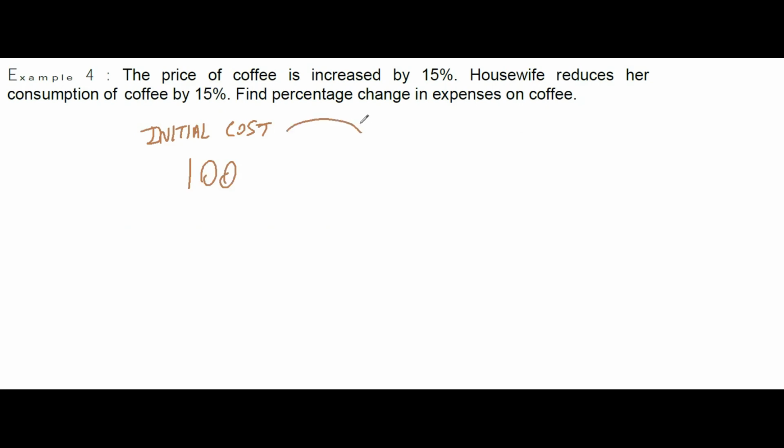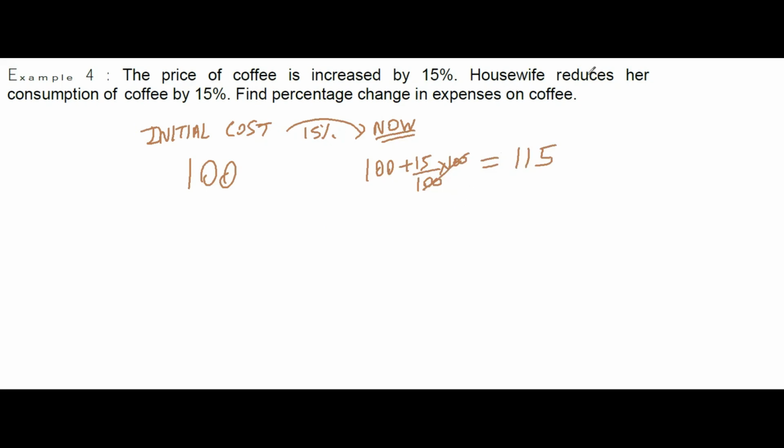Now this is increased by 15%. So now the cost will be 100 plus 15% of the initial cost. So that comes out to 115.